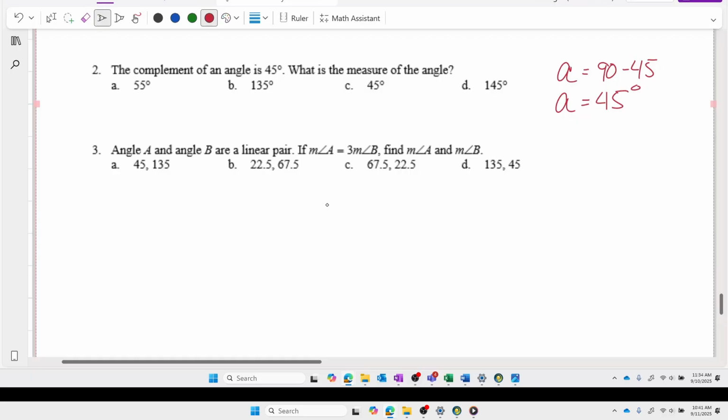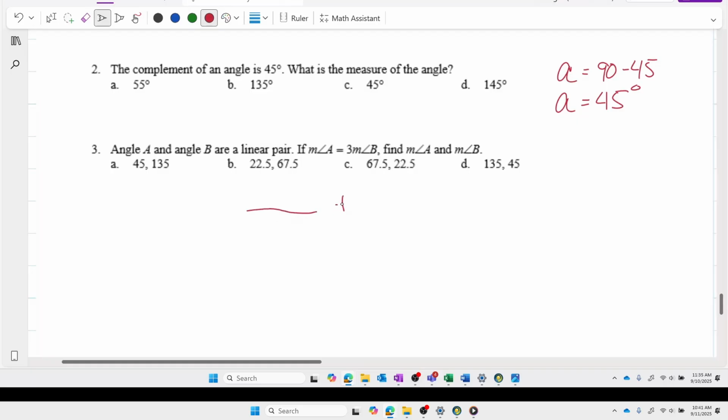So you've got angle A and B as a linear pair, so you've got an angle plus another angle that's equal to 180 degrees.